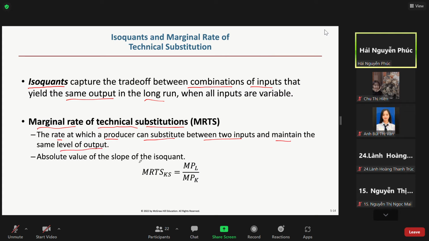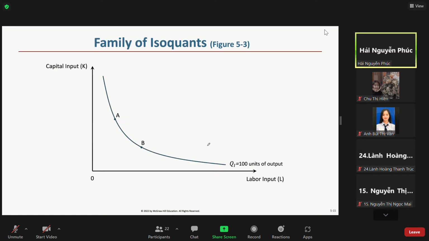And the marginal rate of technical substitution, sorry, here it is not S, it is L, right? MRTS of K to L is equal to the marginal product of labor divided by the marginal product of capital. All right, so I know that it is quite hard to understand. Now let's take a look at the graph.